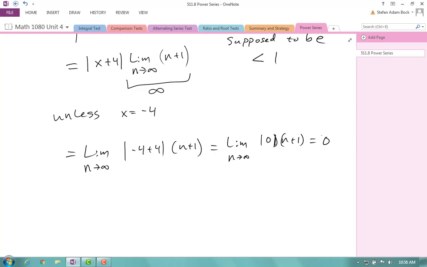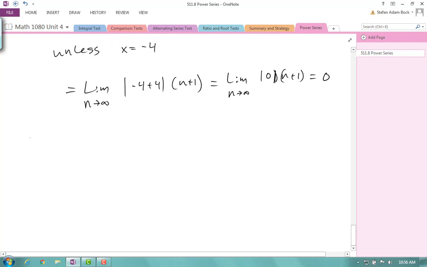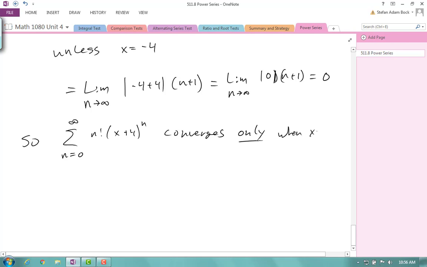But if x is not equal to negative 4, then I would have some positive number multiplied by infinity, which is certainly greater than 1. So this series converges only when x is equal to negative 4, which just so happens to be the center of my power series.